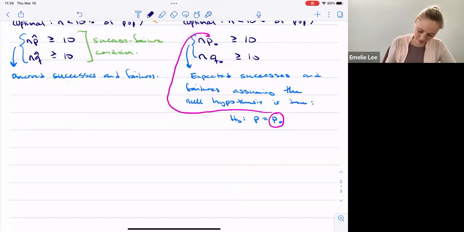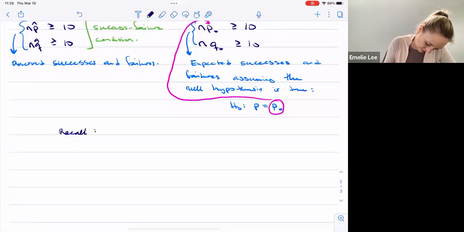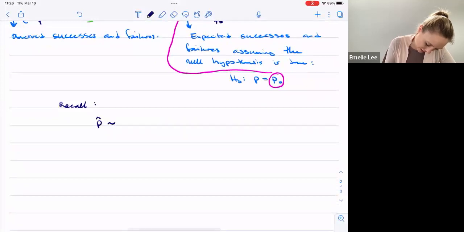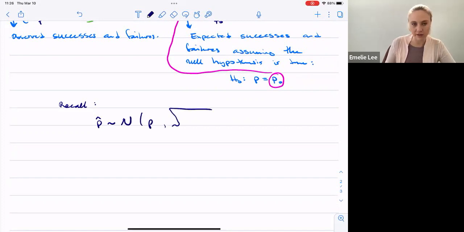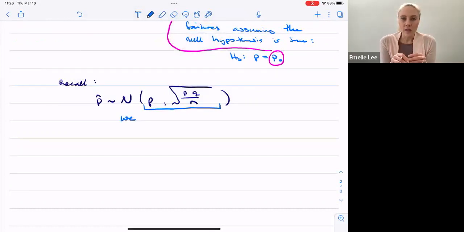And so from when we started introducing the proportion question, recall that P hat comes from a normal distribution centered on P with a standard error of square root of P and Q over N. We estimate P by P hat, right?